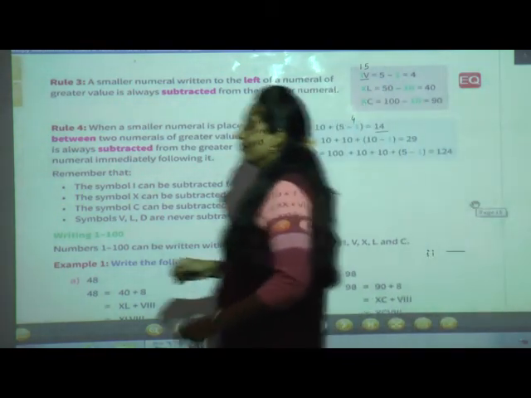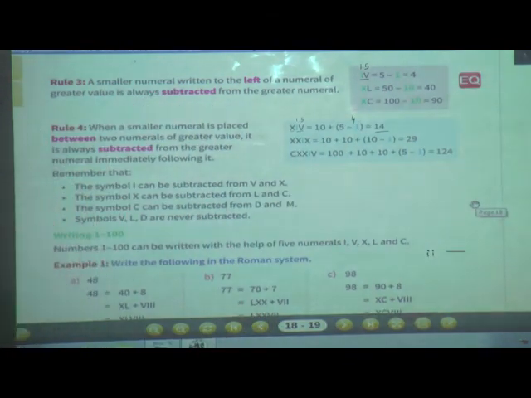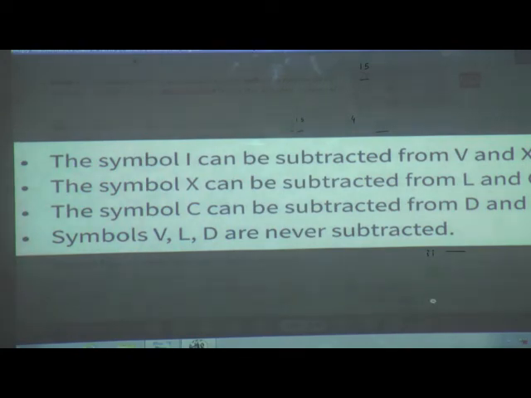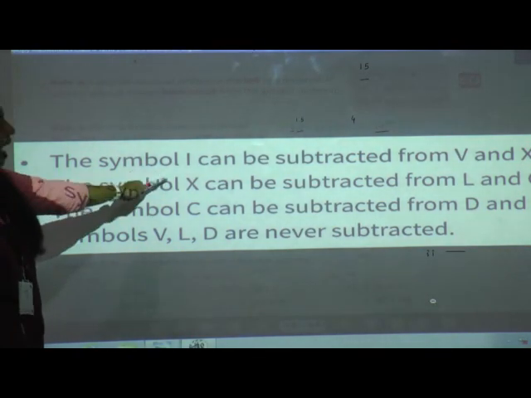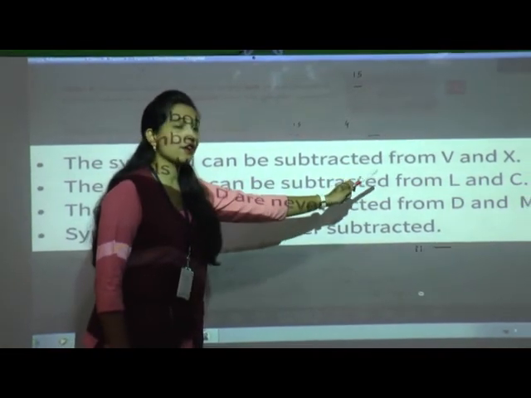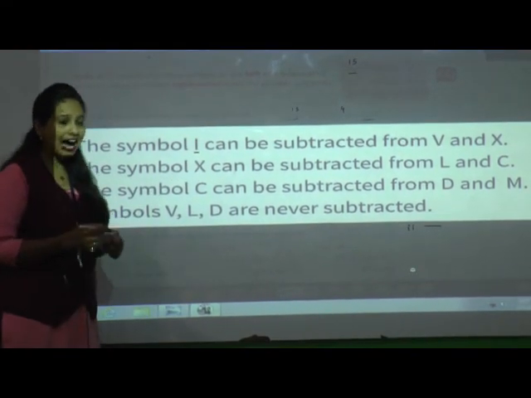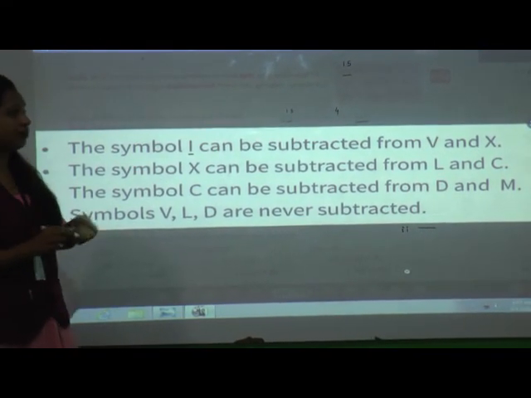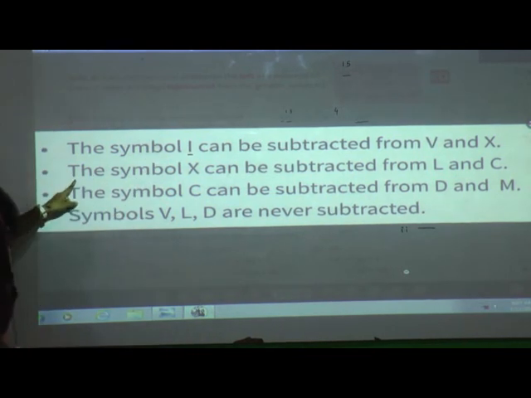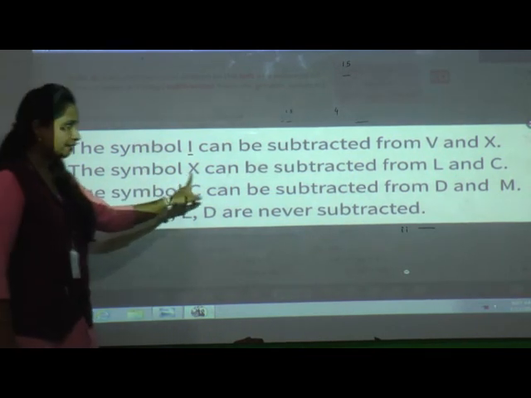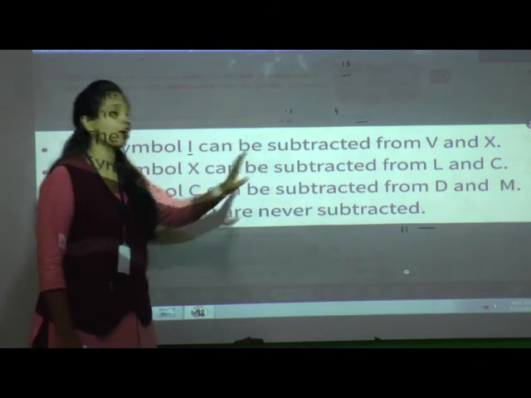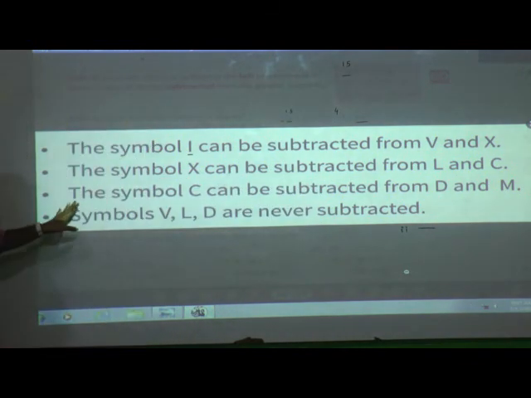Now what you have to remember most? The symbol I can be subtracted from V and X. Keep in your mind. The next is the symbol X can be subtracted from L and C. Very important, you have to keep in your mind.